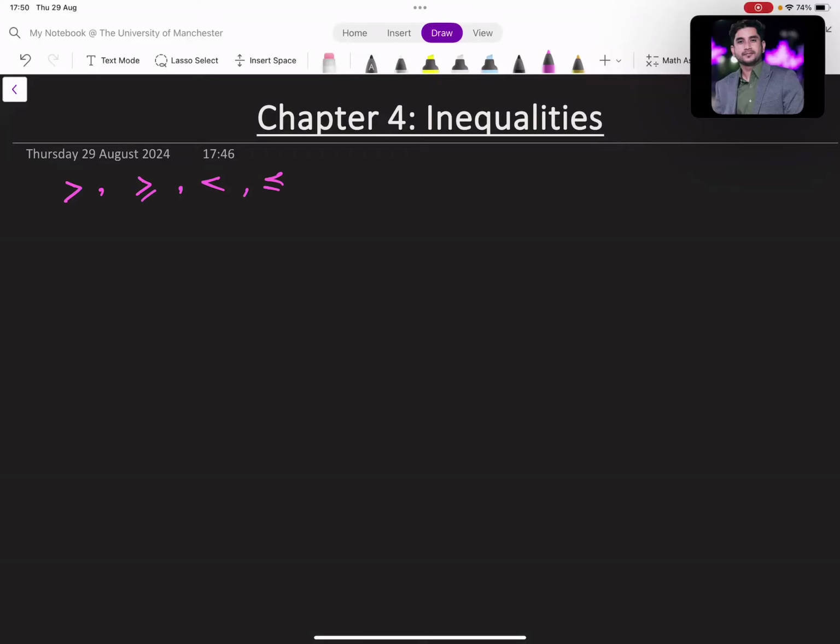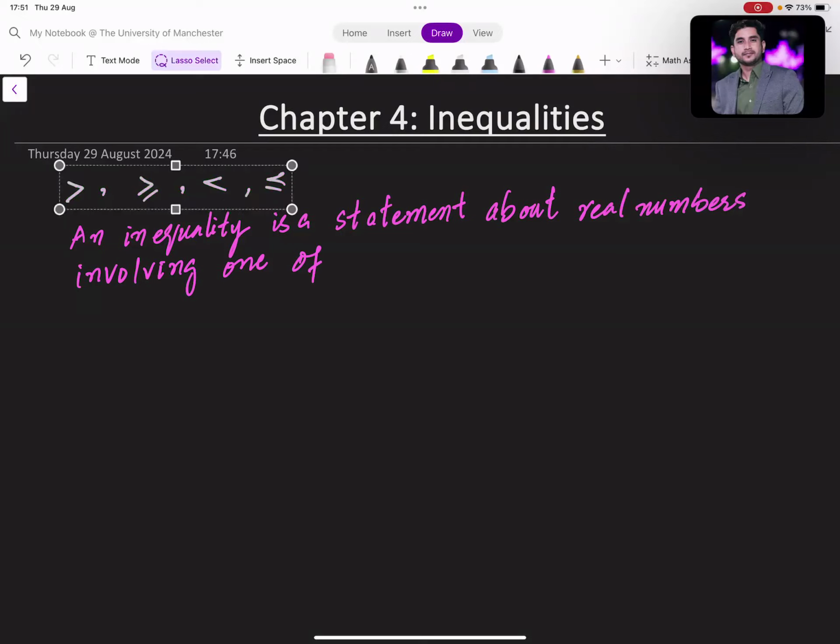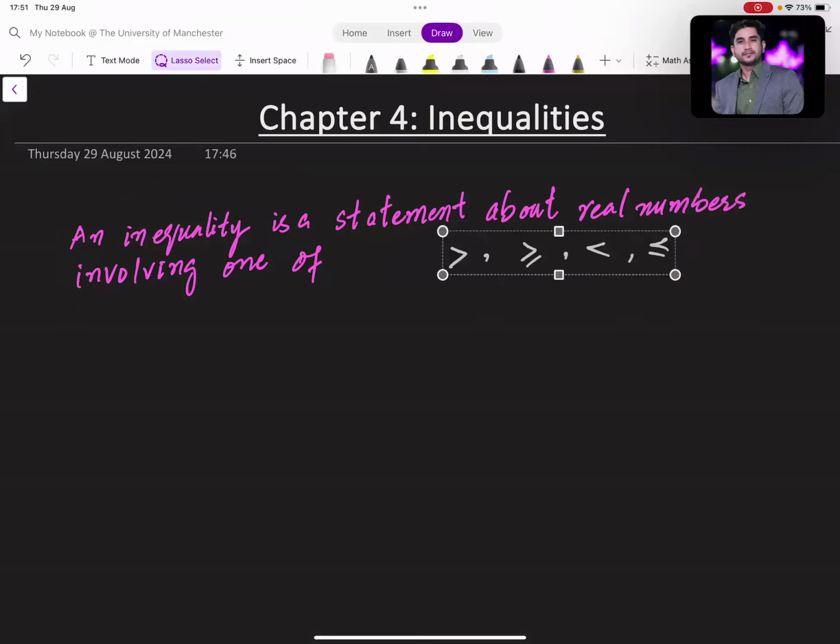What is an inequality? An inequality is a statement about real numbers involving one of these symbols.